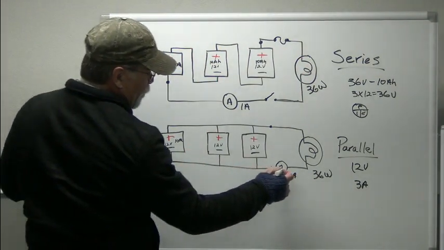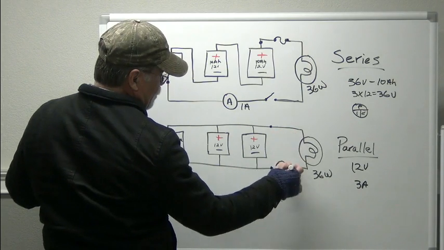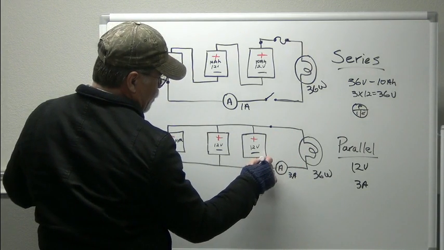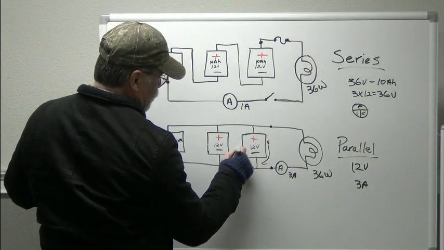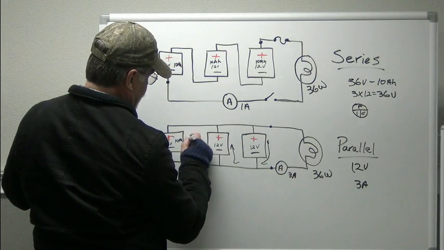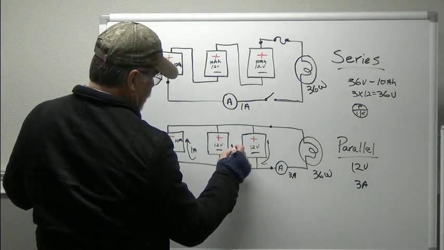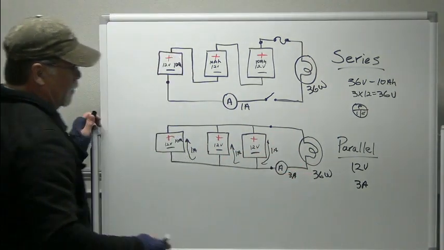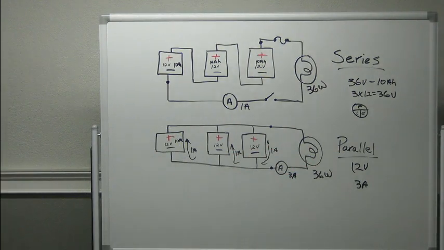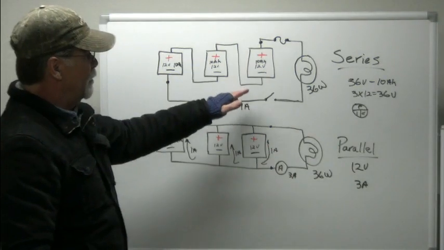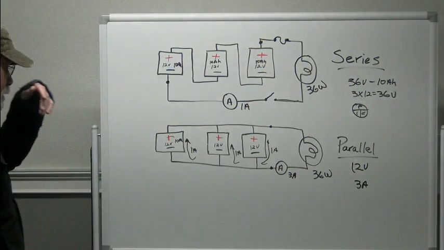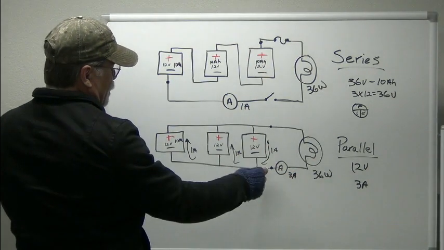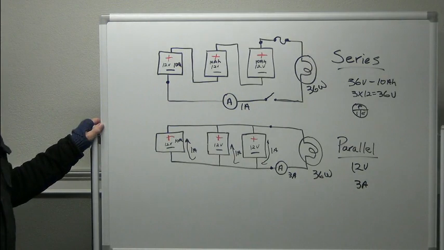In this one, we have 3 amps here, but going through this little branch circuit right here, we have 3 branch circuits here. We have 1 amp through each one of these, for a total of 3 amps. Okay, so in the series circuit, the same current through the entire circuit. In a parallel, the total current flow is the sum of all the branch circuits.